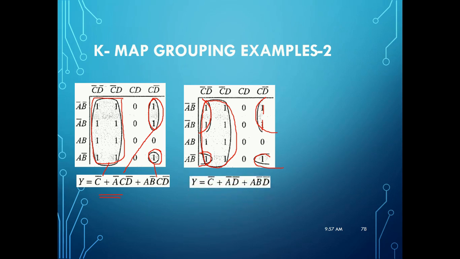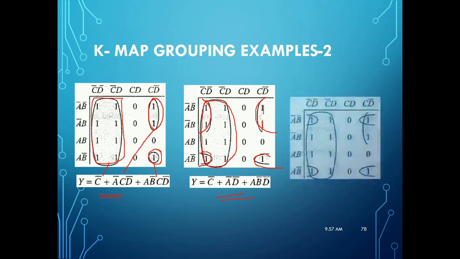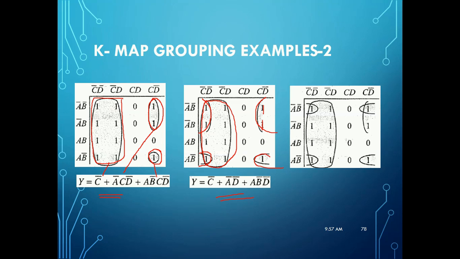Y is equal to C bar plus A bar D bar plus A B bar D bar. So this is another answer, the second student's. The third student may do a different kind of grouping. He will map in this, and he will try to group.